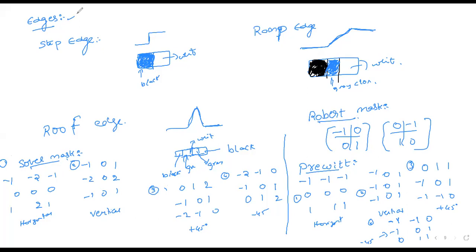Okay, how to detect these things? We have to perform convolution, already explained in image enhancement. The filter mask is convolved on the input image.